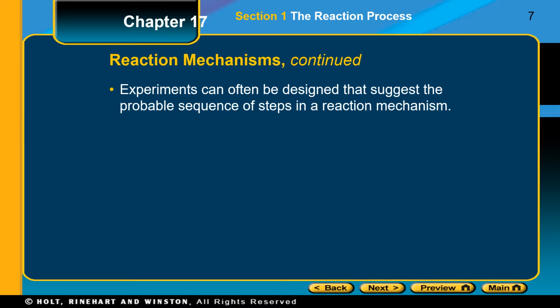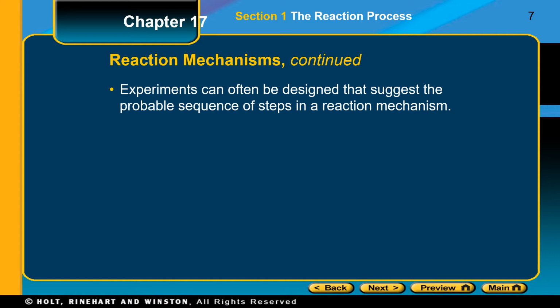So experiments can often be designed that suggest the probable sequence of steps in a reaction mechanism. To understand these steps, there's nothing obvious about them that screams how this is happening.